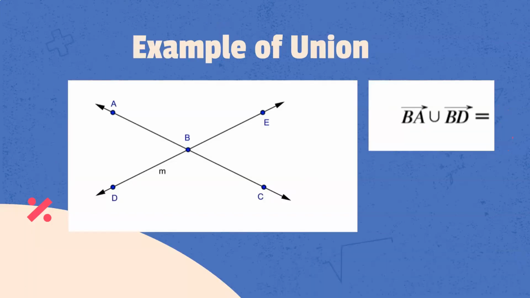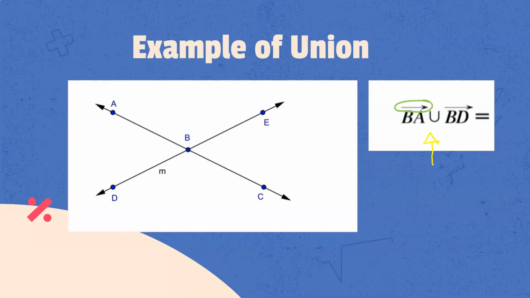So now we're going to look at an example of union. As I said, union and intersection will always be written in this type of format. We know that this is union again because of the U symbol. When we do union, just like when we did intersection, we always have to look at the symbol above.